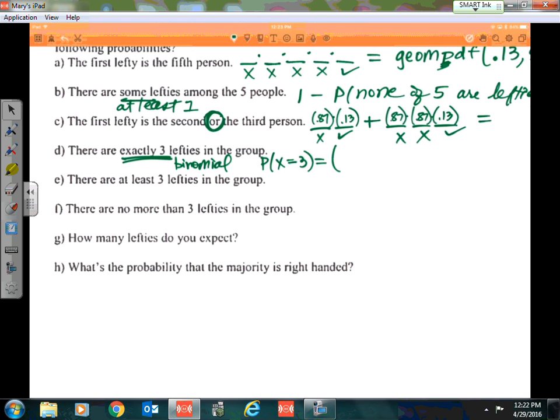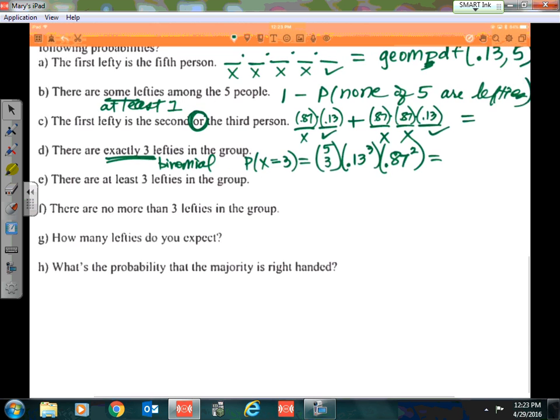That is written as 5 choose 3. And then the success portion is first. And that is 0.13. And how many of those successes do I want? 3. And then 0.87. And how many failures do I want? 2.